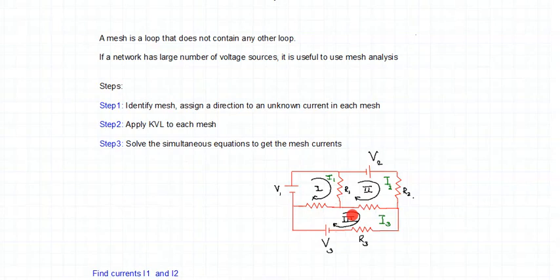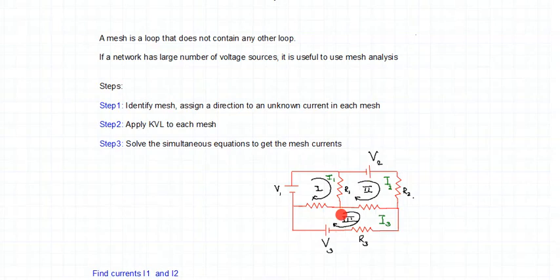All these equations are then to be solved, and that's why step number 3 says solve the simultaneous equations generated by applying KVL to each loop, and get the required voltages and currents by applying mesh analysis.